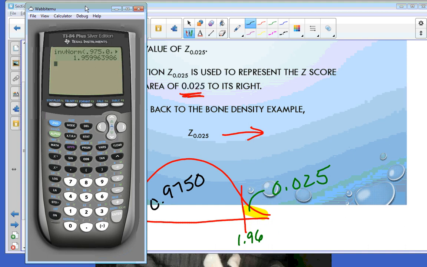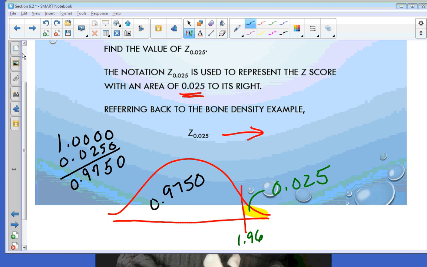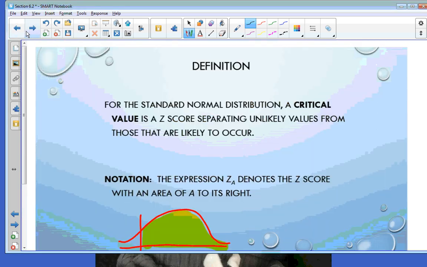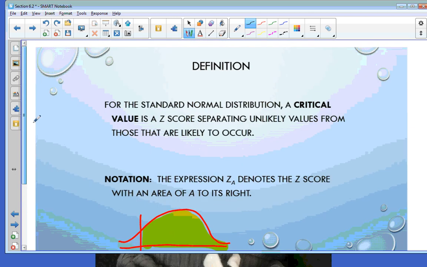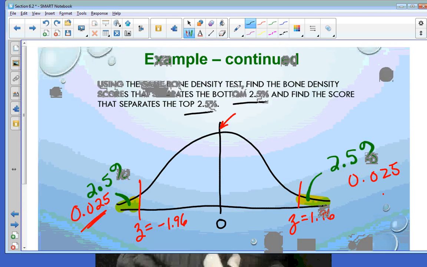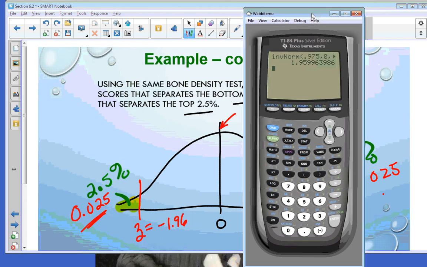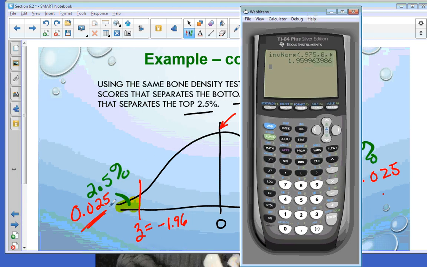So just for practice, let's go back a couple here. We can use the calculator. Here we had the area from the end to be 0.025. Again, we're going to use second distribution. We're going to come down to inverse.